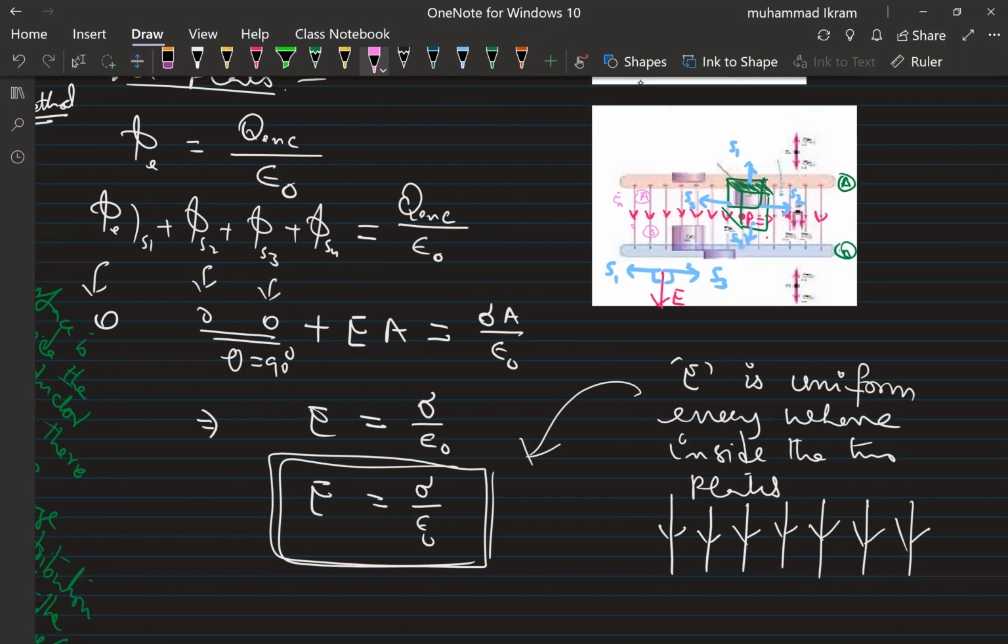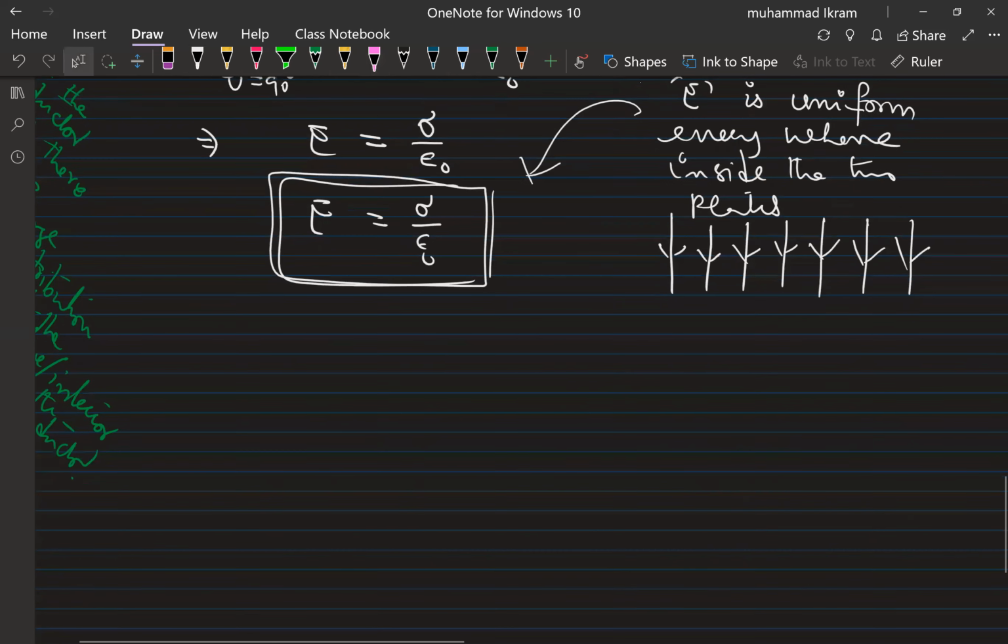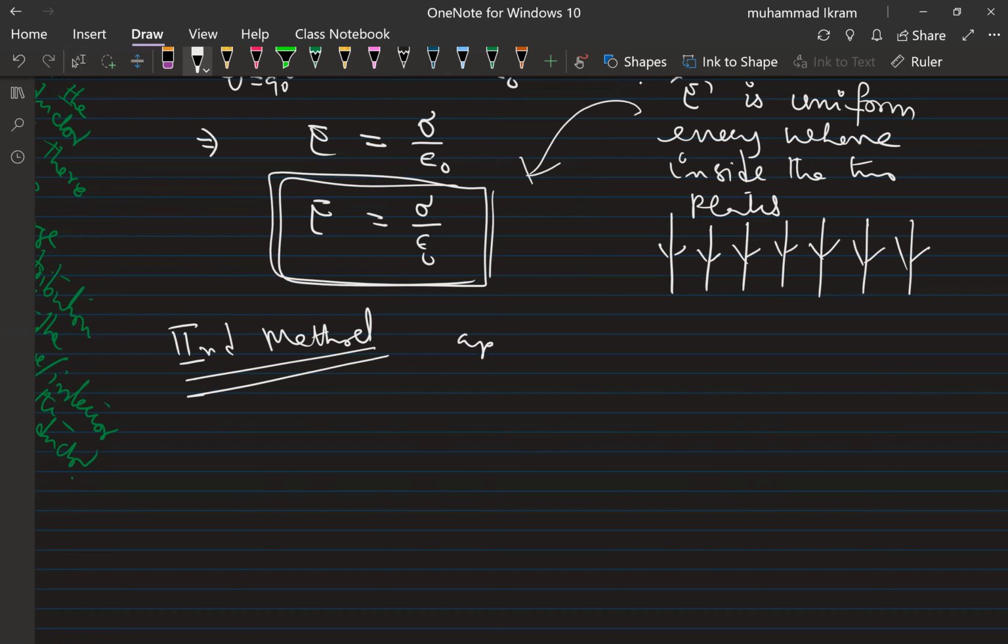E_A is the same as E_B, as E, right? Now the second method, as I told you, is an application within an application.